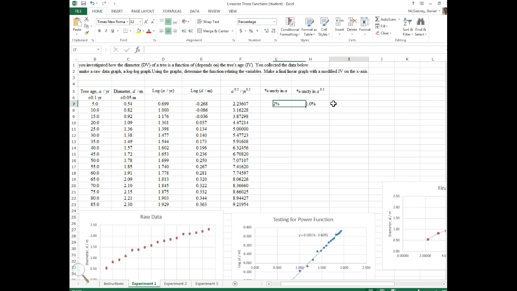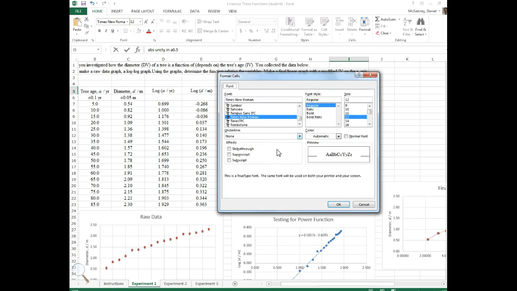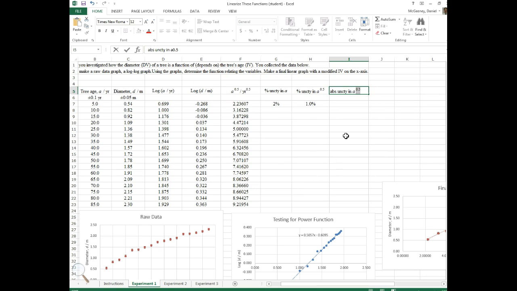This would be 1%. And then what I would do is I would find the actual absolute uncertainty in a to the 0.5, superscript. And let me center these. The way I'm going to find the absolute uncertainty is I take, well, what's my equation?